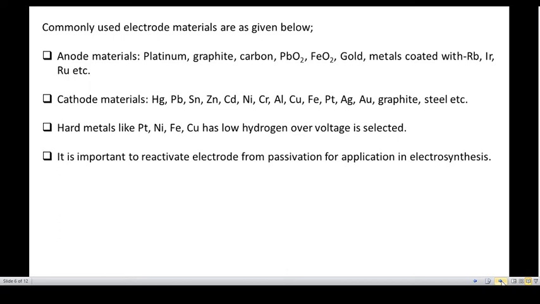It is very important to reactivate the electrode from passivation for application in electrosynthesis. That means you should not have a passivated surface, where a compound formed upon oxidation forms an inert layer on the surface, when taking that electrode for electrosynthetic purposes.